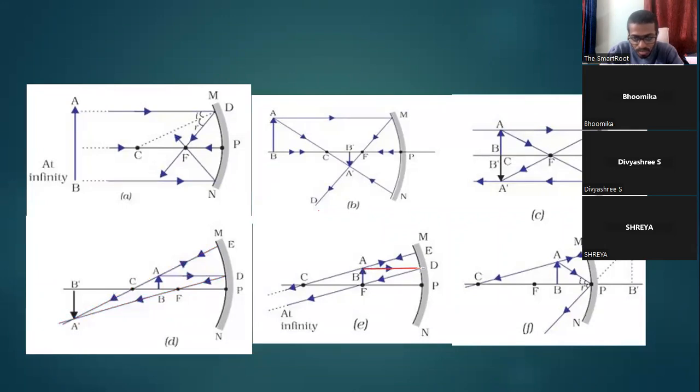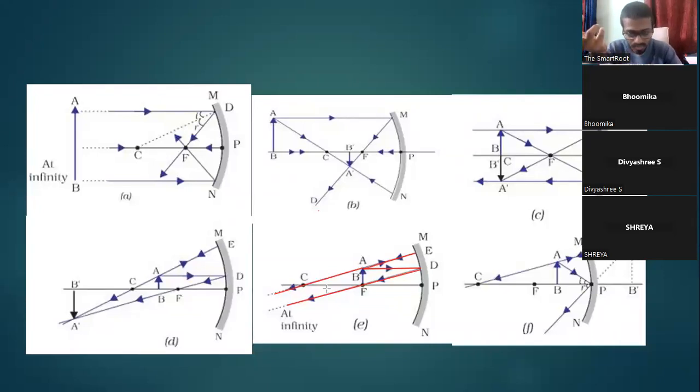Two rays I'm considering. One is parallel to the principal axis. It will again pass through the focus. Next, I'm considering a line that is passing through the center of curvature. Then it is the same thing, these two rays are parallel. Since these two rays are parallel, I am getting an object at infinity. They are not connecting anywhere.